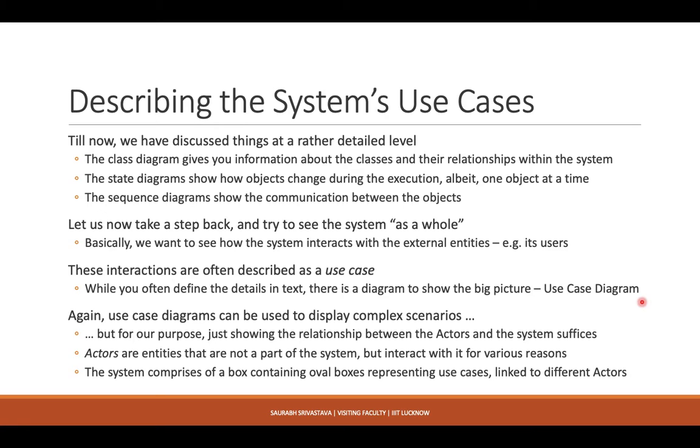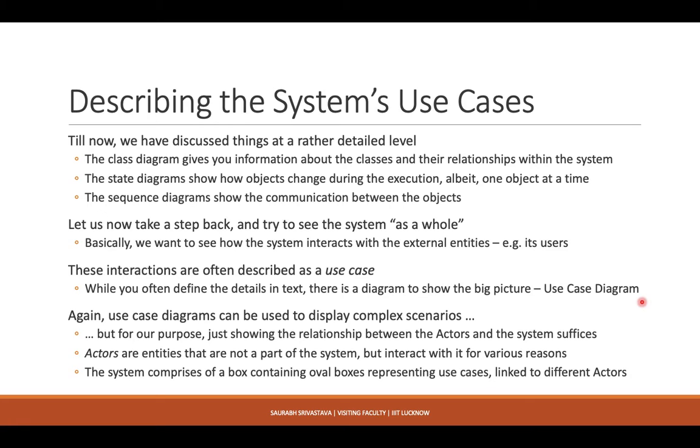Now I only gave you the example of one actor, the user itself, but for certain systems there can actually be multiple actors, right? A typical example, going back to the banking sector, is an ATM. One of the actors is the actual person who is going to use it.